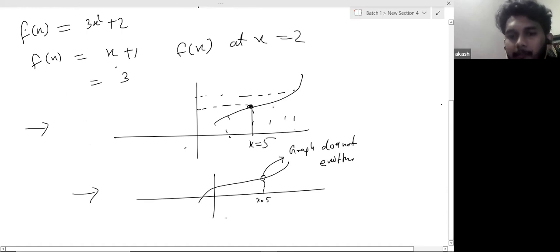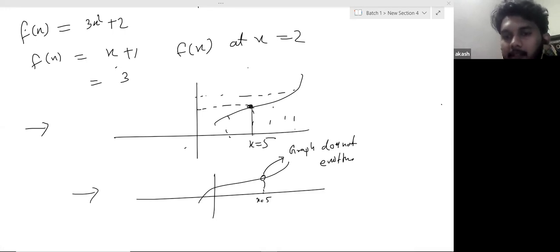Because the graph is not there. Right? This is clear? Open circle. Absolutely right, Shravya. So we cannot say the graph exists there.